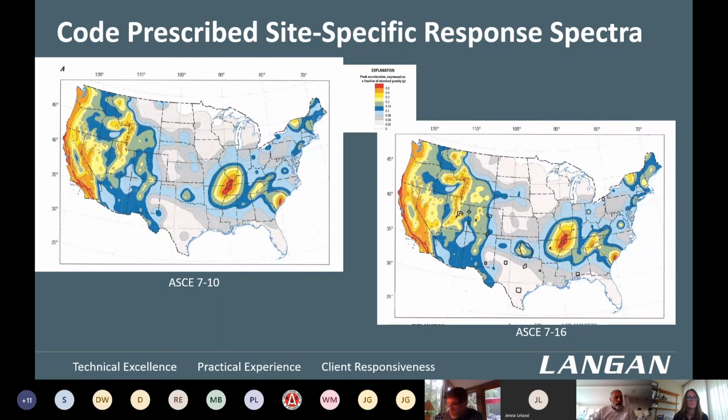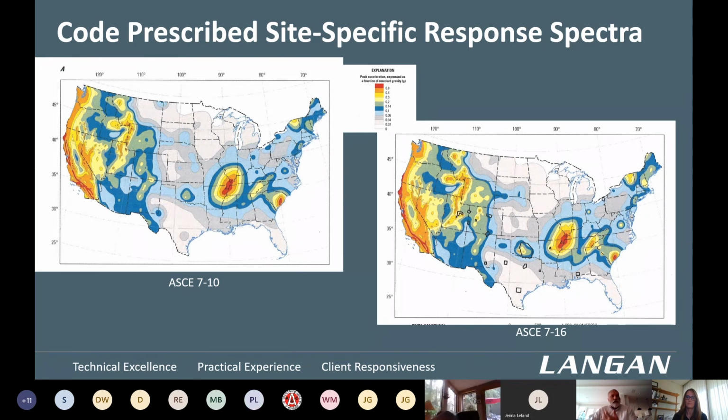To the left is a set of maps in the ASCE 7 document that was published in 2010, hence ASCE 7-10. The ASCE 7 document is a reference standard, so whatever ASCE 7 publishes becomes a reference for the International Building Code, which can then become state codes.